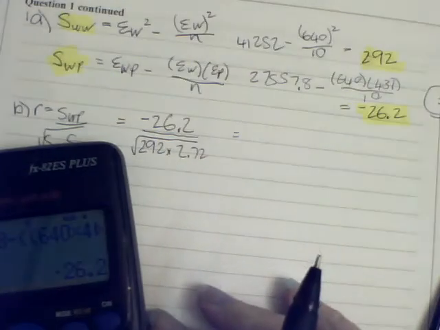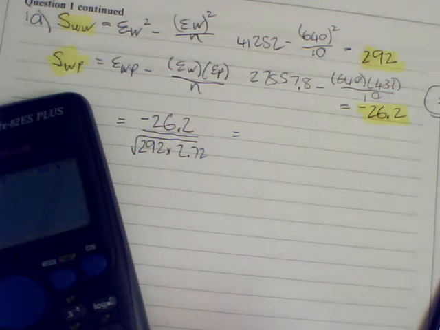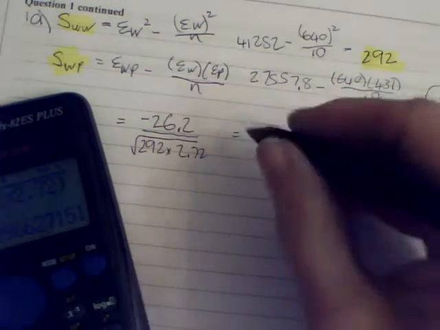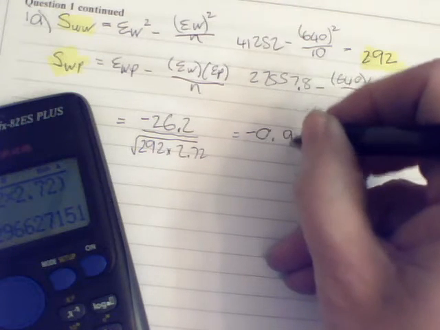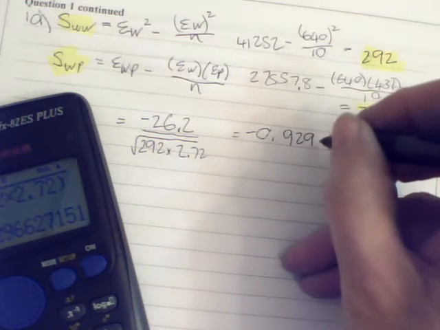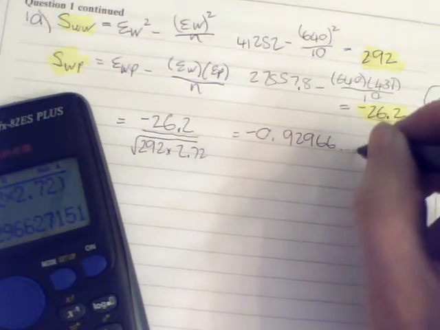I've already got the minus 26.2 here in my calculator. So divide that by root of 292 times 2.72, equals, oh, we've got a negative correlation, minus 0.9296 and so on.